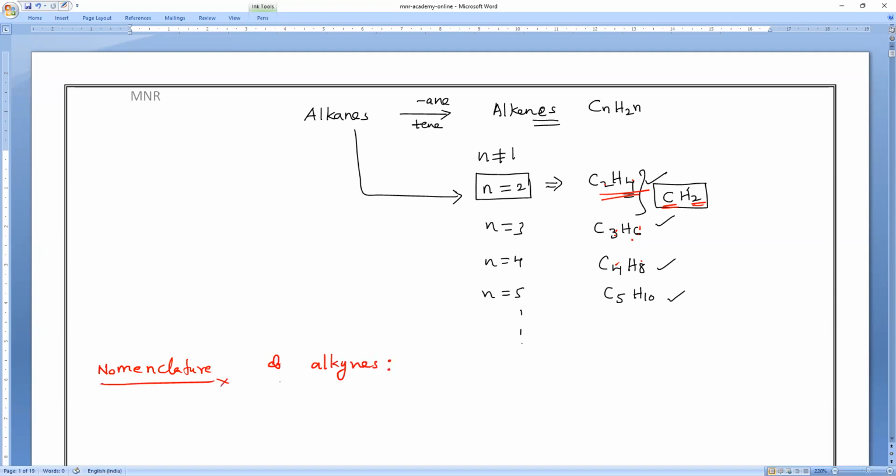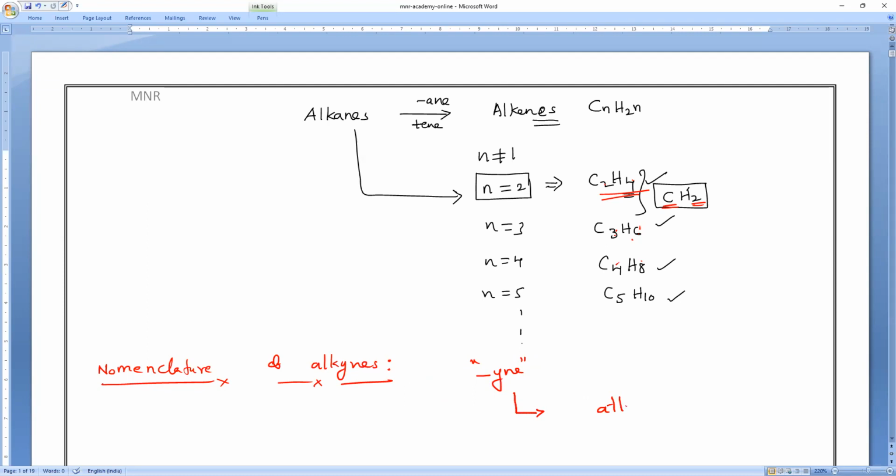So alkynes will end with what, all of you? What is the suffix? The suffix is "yne", Y-N-E. That represents that in these compounds there is at least how many triple bonds?